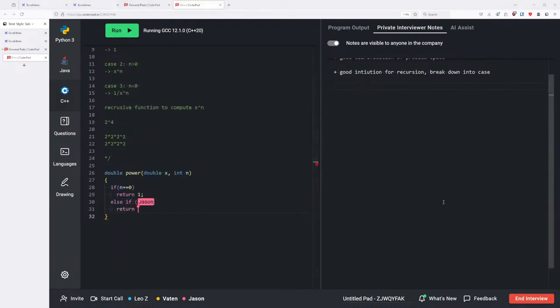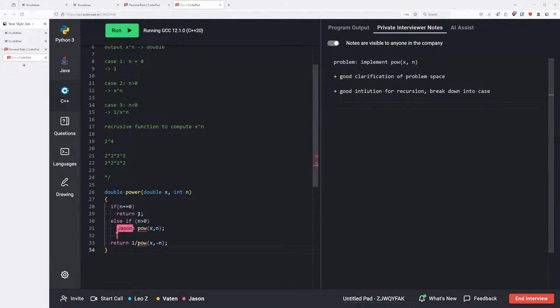If it's positive, then we can return a recursive call to a function called power. And otherwise, if it's negative, we can return 1 over this. And it would be negative n because you want to flip it to positive. Does that make sense?